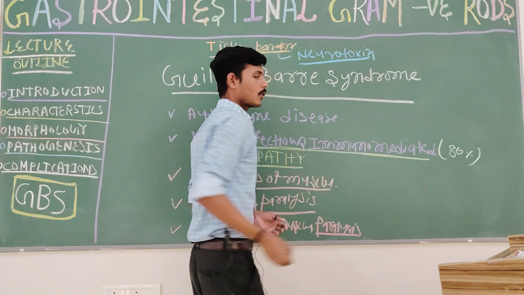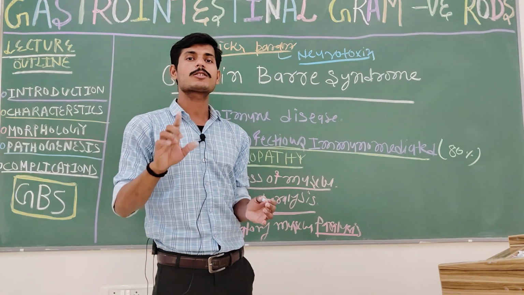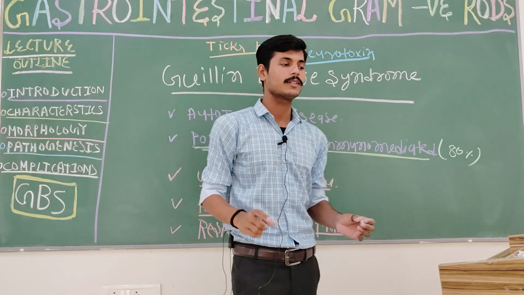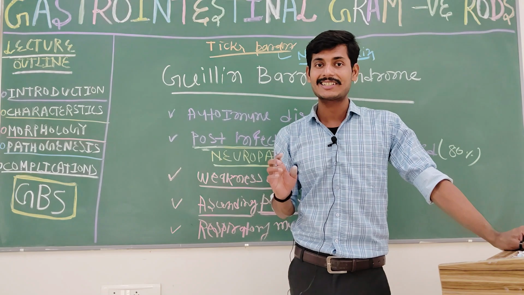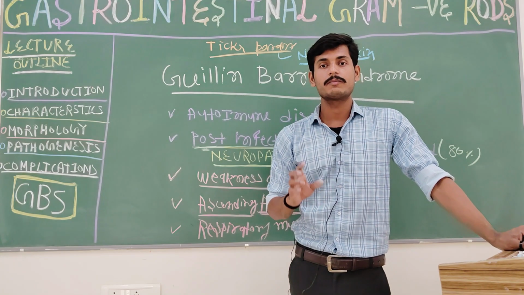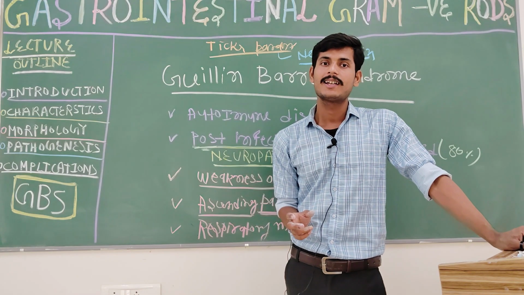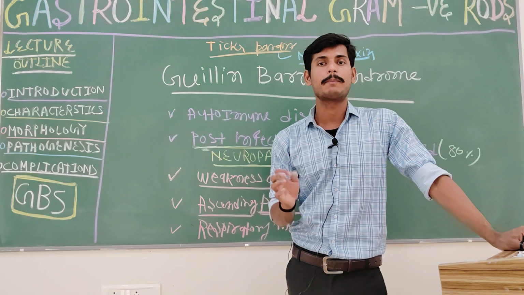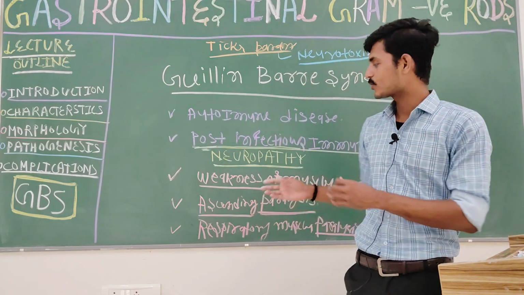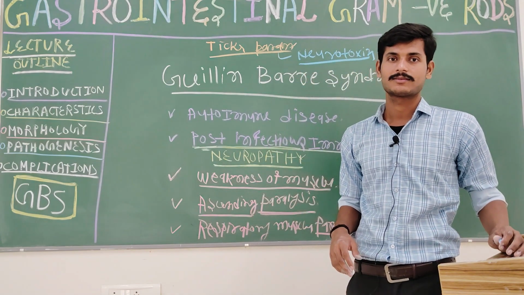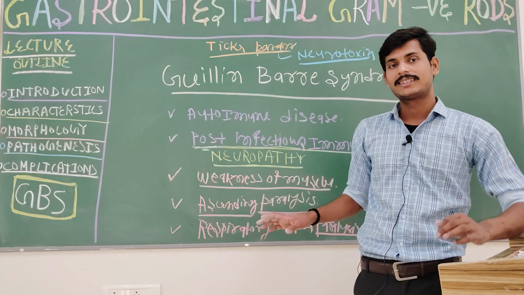This neurotoxin binds to the neuromuscular junction, the acetylcholine receptor, and disrupts the communication between the nerves and the neurotransmitter. That results in tick paralysis, and tick paralysis also shows these signs and symptoms.